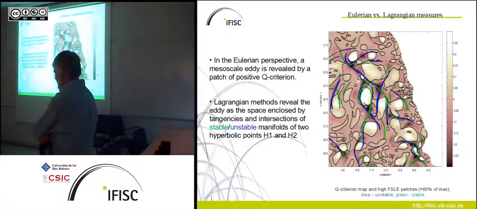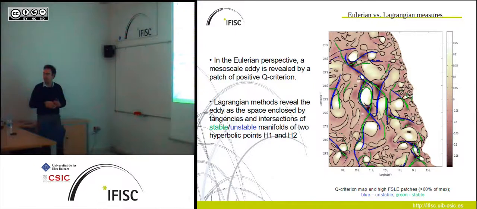The motion of the eddies is determined by their characteristics, but also by the variation of the Coriolis force. So it is important at this scale. And of course, one of the ideas that we are now trying to pursue is to relate the motion of the eddies with the motion of these Lagrangian coherent structures.